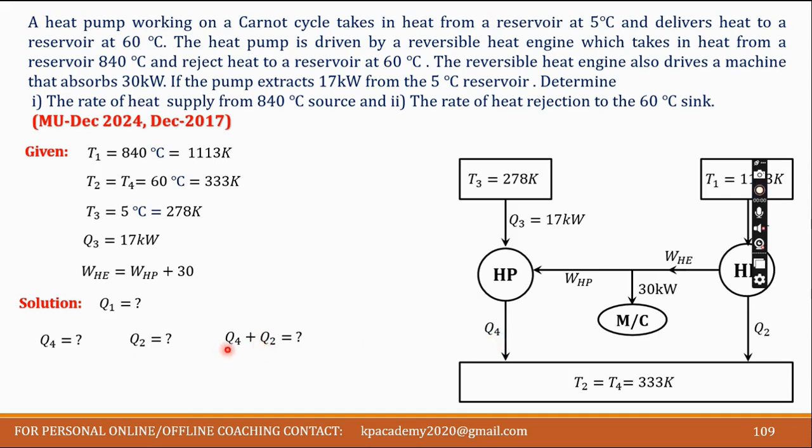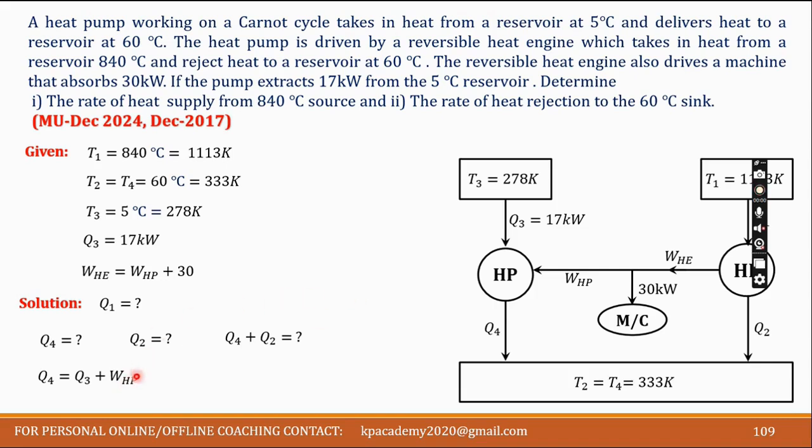Very first we will go with Q4. Now how can I find Q4 over here? Q4 is related to the heat pump. So if I apply the first law of thermodynamics to this heat pump, summation of heat equals summation of work. I'll get the equation Q4 equals Q3 plus the work input to the heat pump.